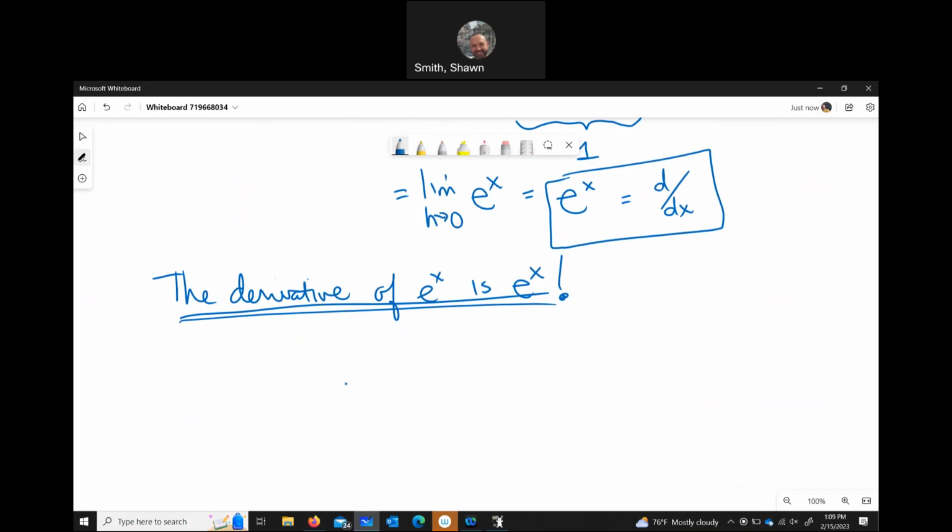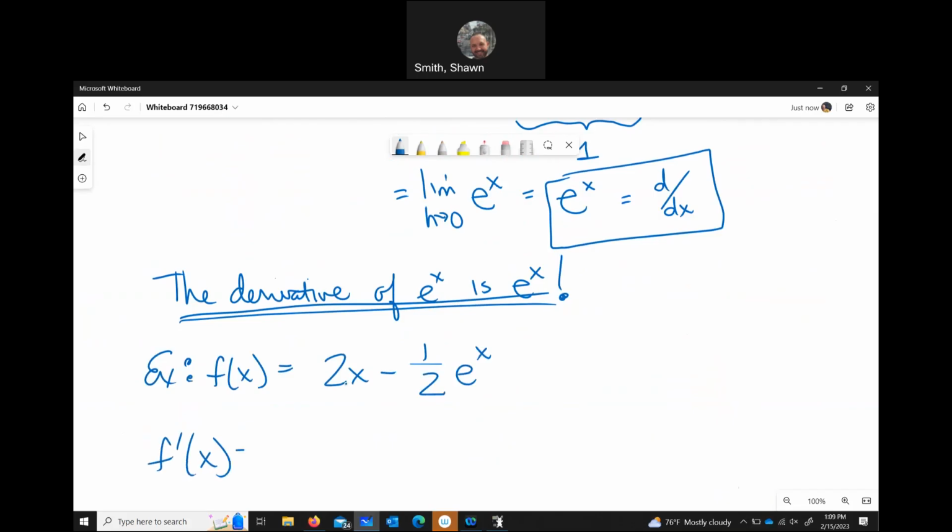So we'll expand upon that later on, but we have given f of x is equal to 2x minus 1/2 e to the x. F prime of x equals what? Very simple. It's in that polynomial format, term plus or minus term, you can do that.